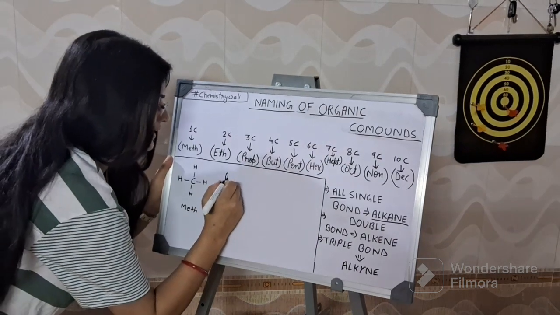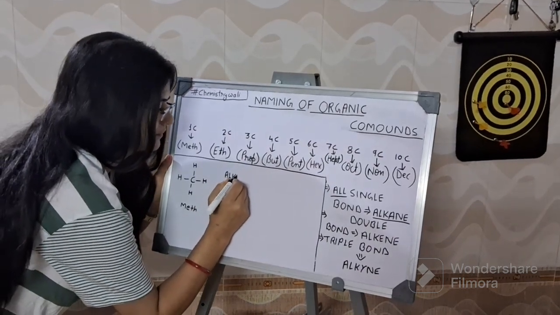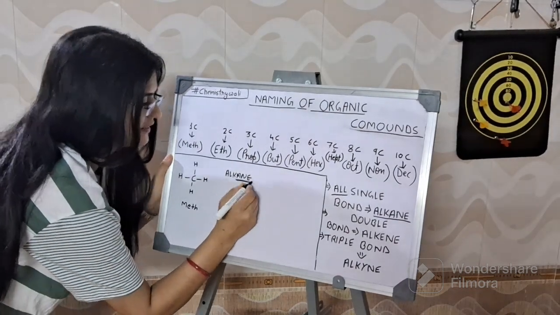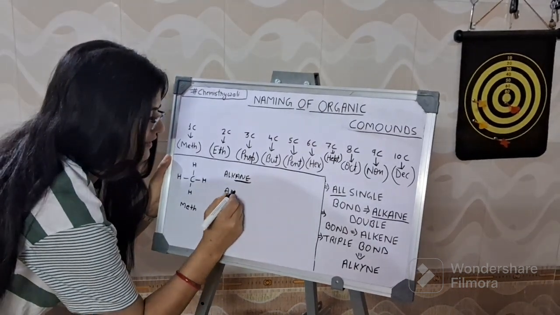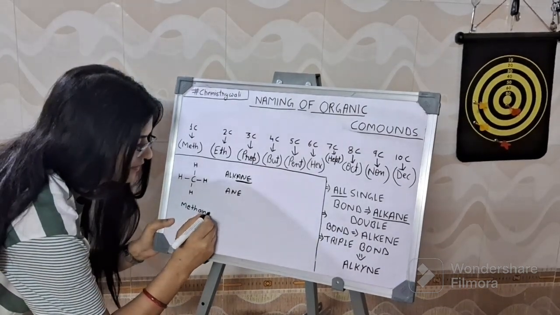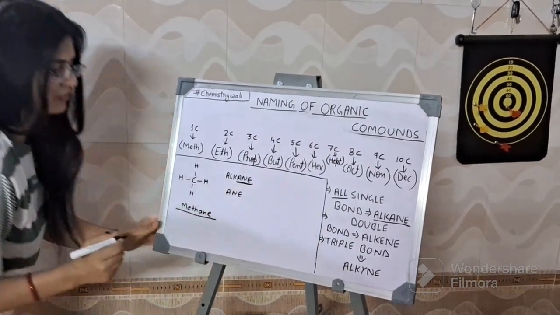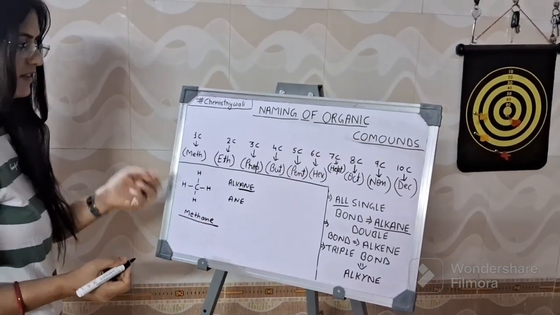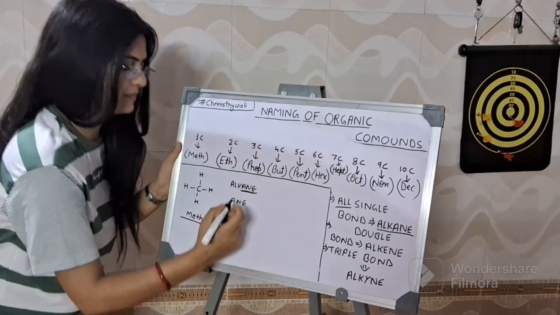So for alkane we will write A-N-E. After this, methane. Now the name of the compound will become methane. This is methane.